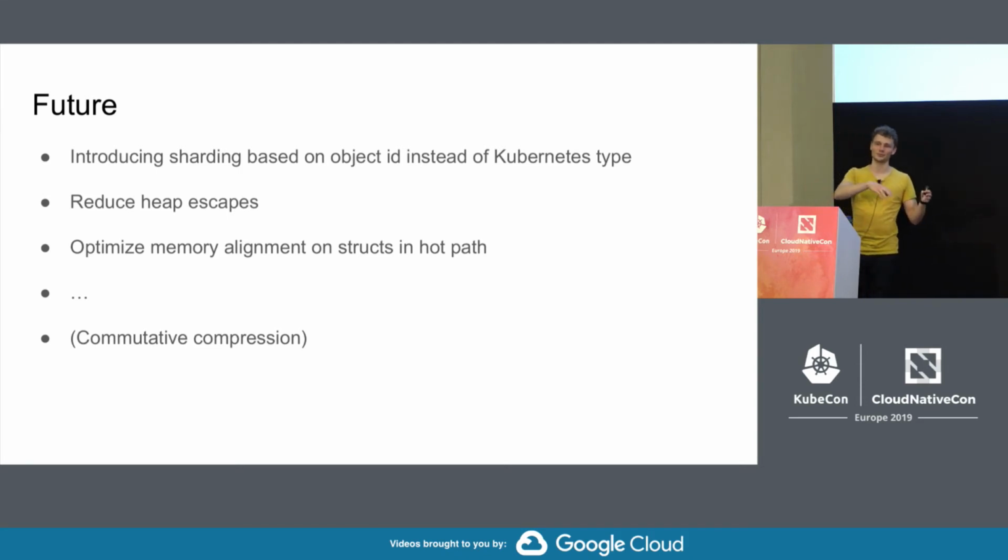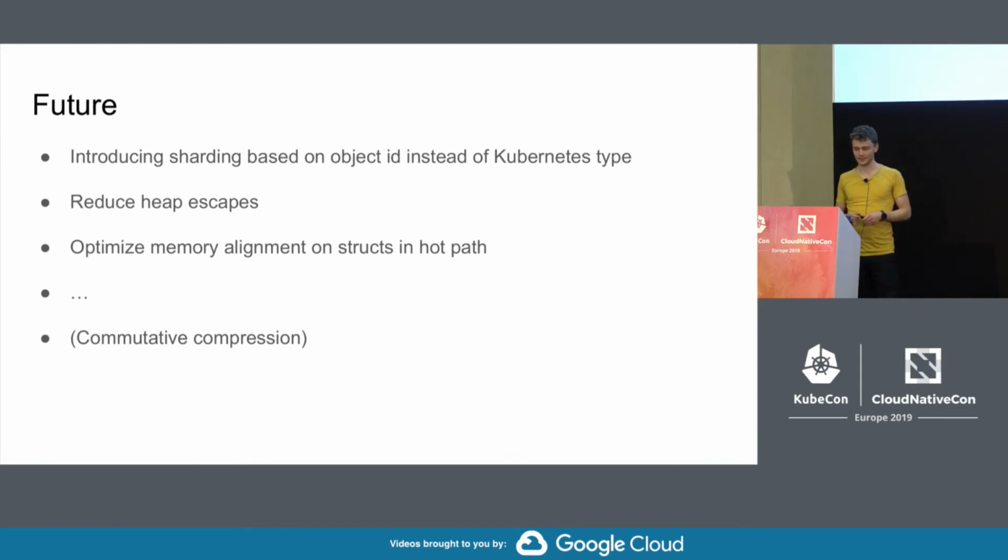This is actually super useful on bigger clusters. What you can do nowadays already is shard based on Kubernetes types. But if you have a lot of pods and just one config map, sharding on that is not super useful. So what Frederic instead developed is that you can shard based on Kubernetes object IDs, and then you can load balance your shards a lot easier.